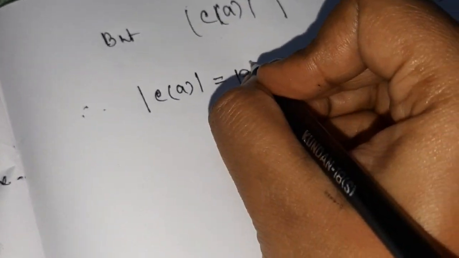Now, the order of G is P squared. So, what will be the order of C of A? It can be P or P square, but it cannot be P, because if it is P, then it will be equal to ZG. So, it will be P square. Therefore, the order of C of A equals P square.